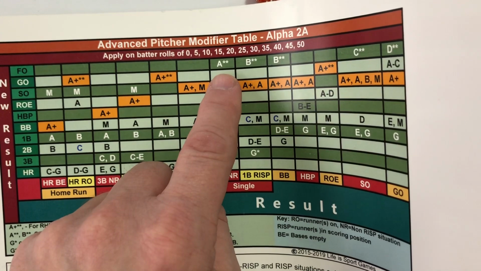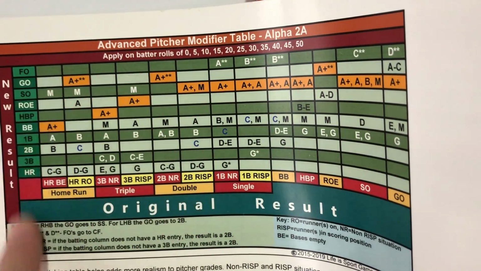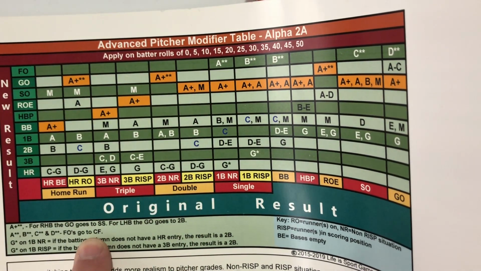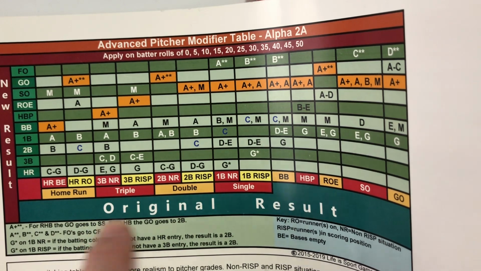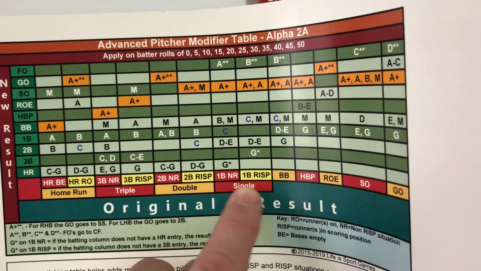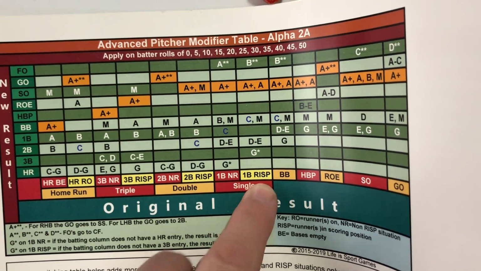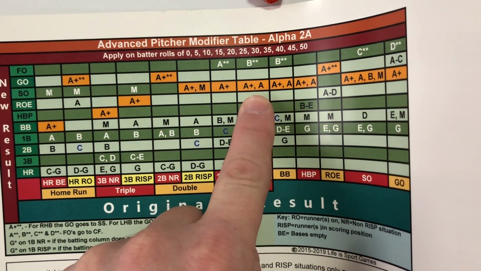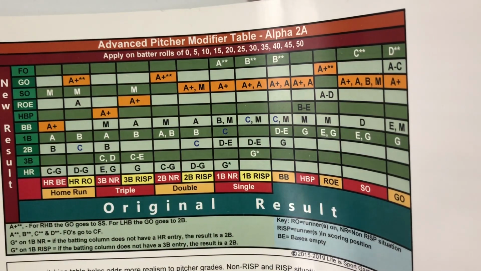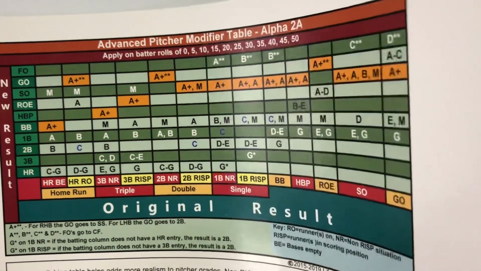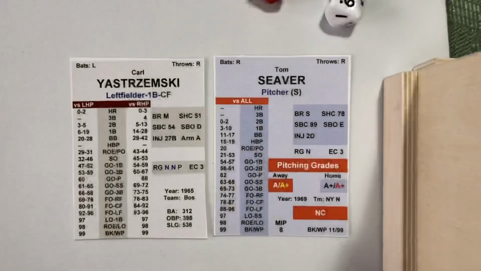The A pitcher turns it into a flyout, and we look down here, and it goes to center field. So instead of a walk, it becomes a flyout. With a runner in scoring position and a single, it turns into a strikeout. So you can see that there are differences between the two charts. All right, so that's first thing.